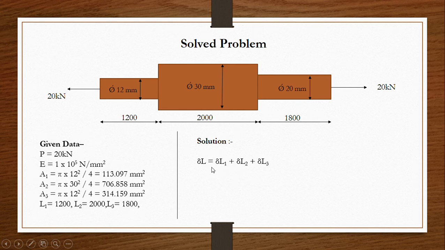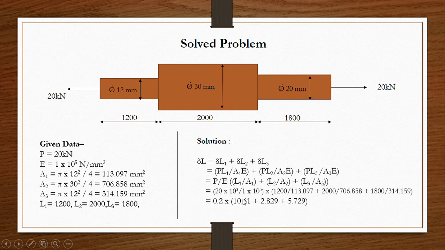So the total deflection will be the deflection in the first part, the second part and the third part, that is P into L divided by A into E. For this we are taking L1 and A1, as P and E are common for each and every section, so we will take P divided by E as common. The remaining is L1 divided by A1 for each part. Substitute the values and calculate. The final answer will be 3.83 mm as given. As it is positive, the change in length will be positive, that means it will be an increase.